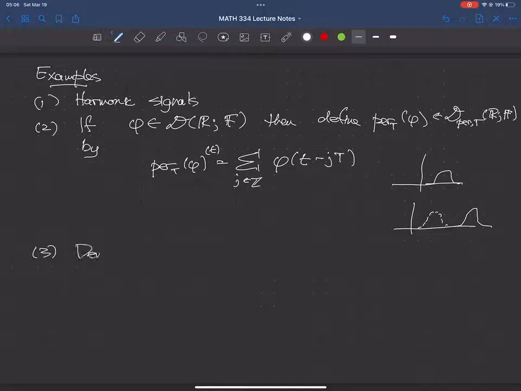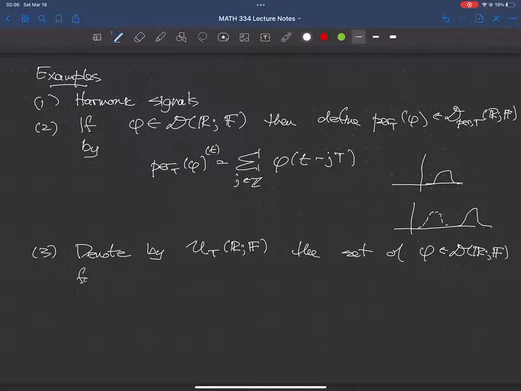We're going to denote by U_T(R, F) the set of phis in D for which the periodization of phi is equal to the function 1. It's not really super clear that there exist any signals like this.